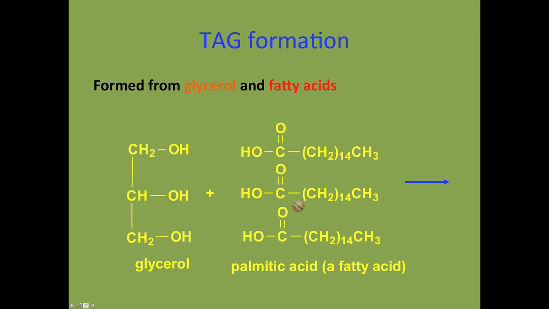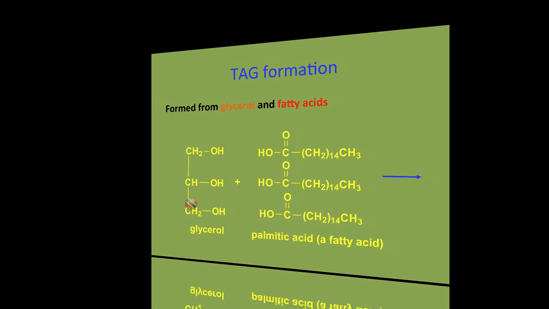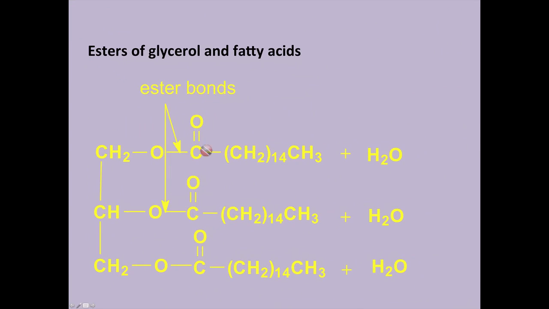So you have palmitic acid. 3 moles of palmitic acid is going to react with 1 mole of glycerol. The reason for that is because for 1 glycerol, there are 1, 2, 3 hydroxyl groups. Now, when a fatty acid reacts with a glycerol, basically what's happening is that the carboxyl group of the fatty acid is reacting with the hydroxyl group of the glycerol molecule.